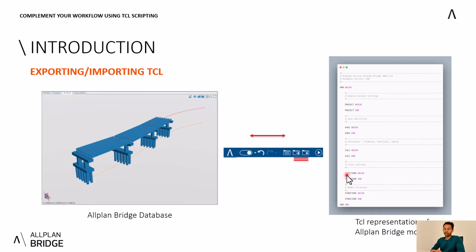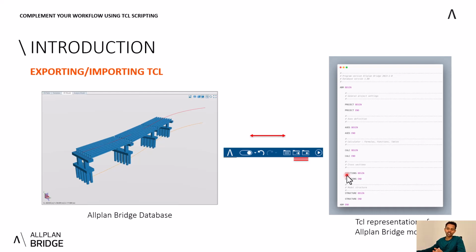As with any programming language, you need to have an environment where you can run it. In our case, we're going to use Allplan Bridge, the engine, to run TCL calls. For that, it's quite useful to know the export and import of a TCL file.